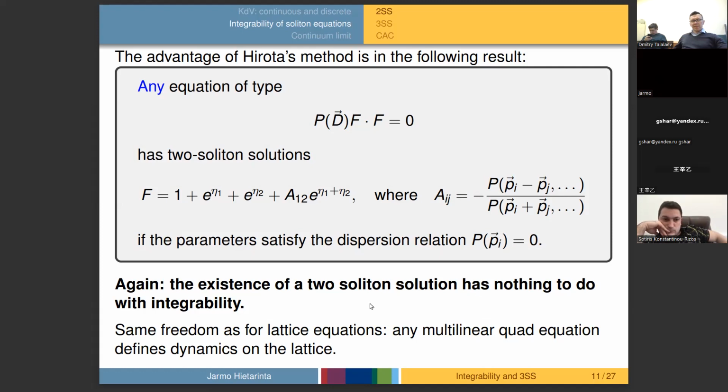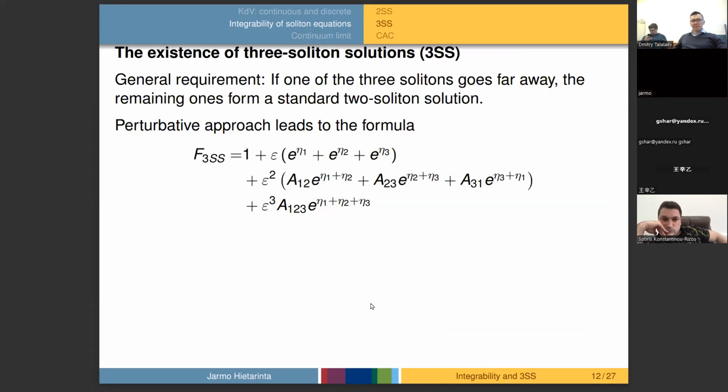Okay, so now we go to the three-soliton case. Maybe we get some conditions there, as Wahlquist and Estabrook got. So the general requirement in the construction of this kind of multi-soliton solutions is that they are line solitons in 1 + 1 dimension.